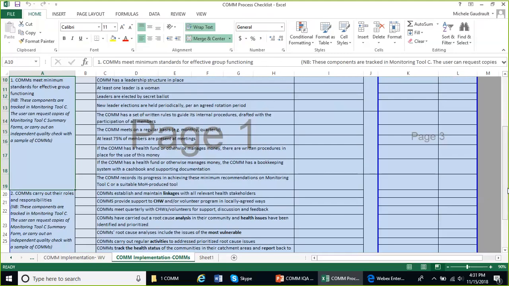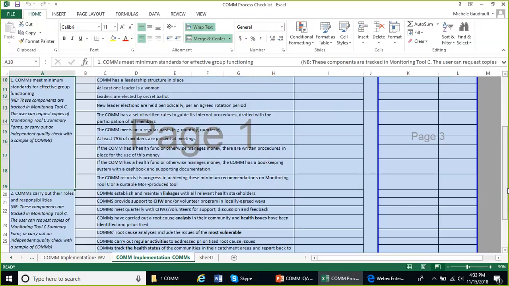They work at the community level. So we track the COMMs in our monitoring, okay? Whereas the CHWs work with beneficiaries, the monitoring system for TTC tracks the beneficiaries, whereas the IQA tracks the CHWs. If that's confusing, don't worry about it.